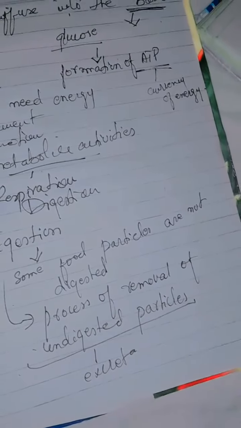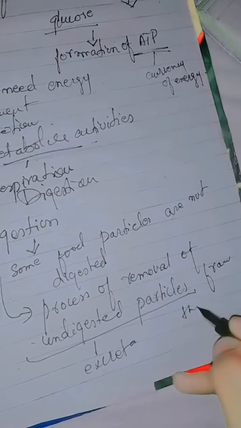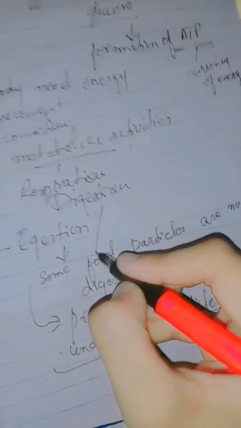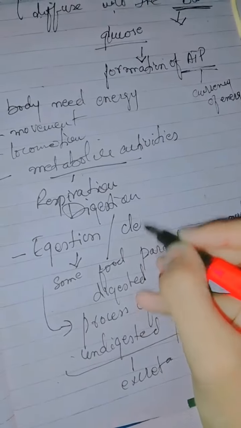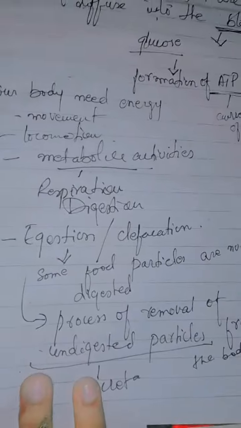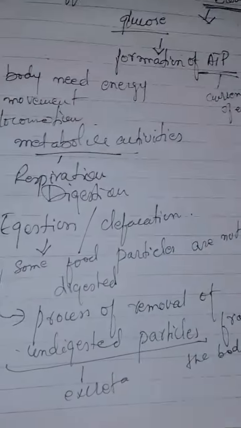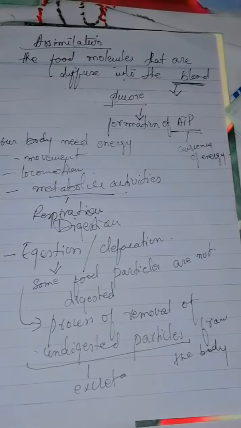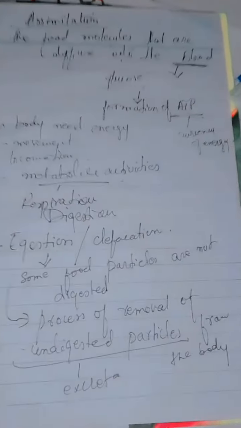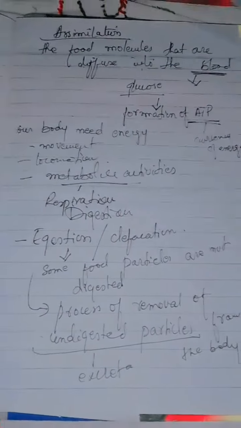It is a process of the removal of undigested particles from the body, that is known as egestion. Another word for it is defecation. So basically the food particles that are not digested, means undigested particles, called excreta, will be removed from the body. That process is known as egestion.